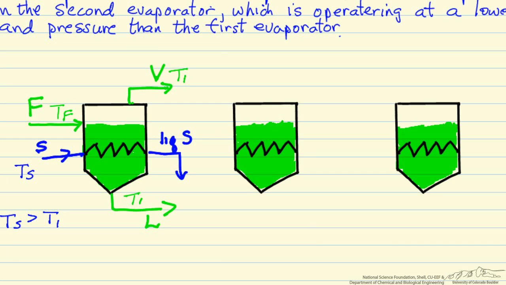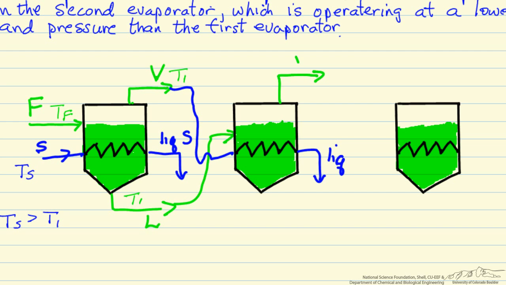So now we feed the liquid leaving the first evaporator into the second evaporator, and we create the evaporation by using the vapor from the first evaporator, feeding that into the heating coils. Again we get liquid at saturation conditions leaving, and we're evaporating steam, again vapor phase V2, and a more concentrated liquid from the second effect.